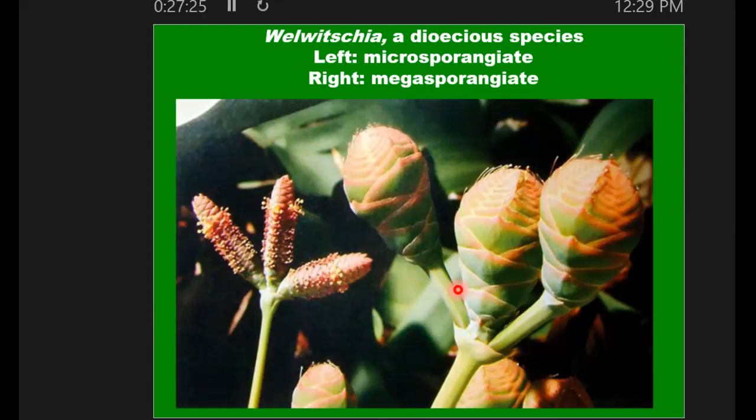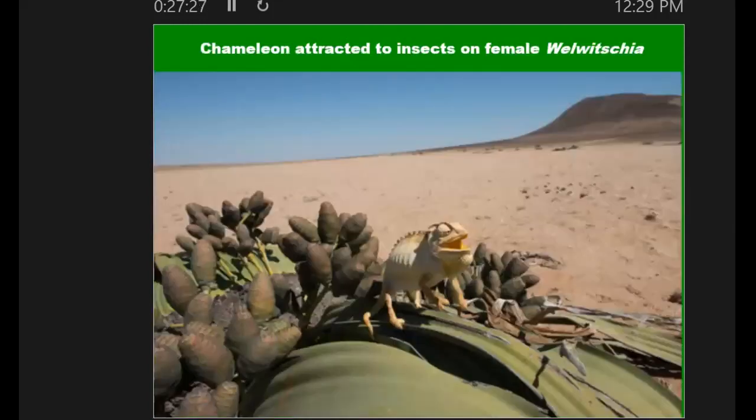So you'll have a male plant and a female plant. Here, they captured a lizard of some sort hanging out. This is the female. So it looks like the lizard is waiting for some possible insects to come along. Chameleon, I should say.